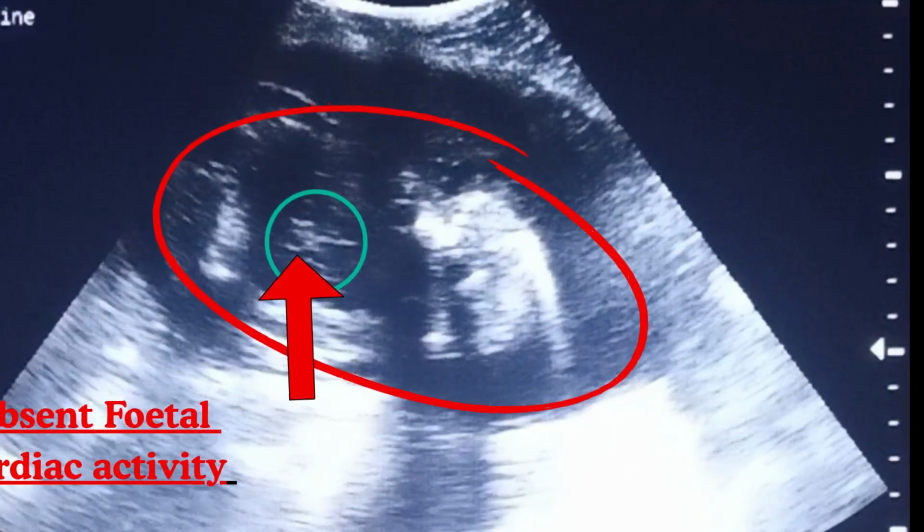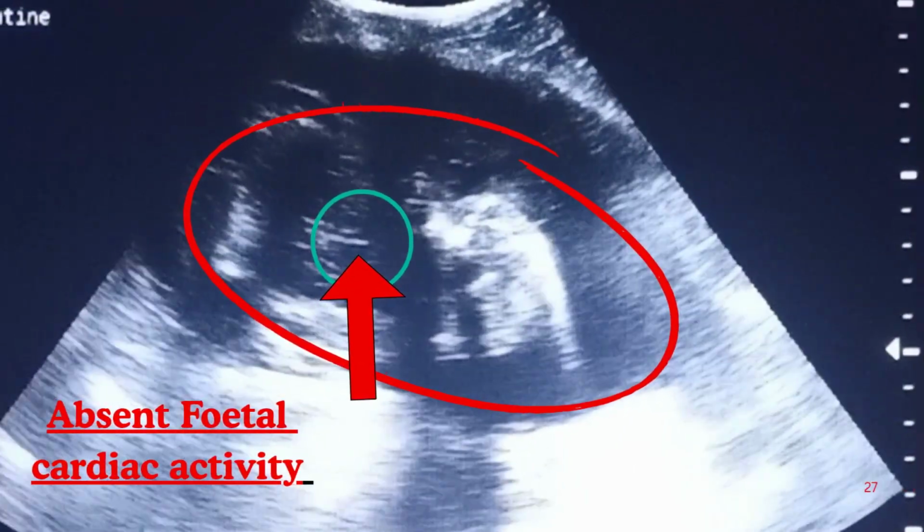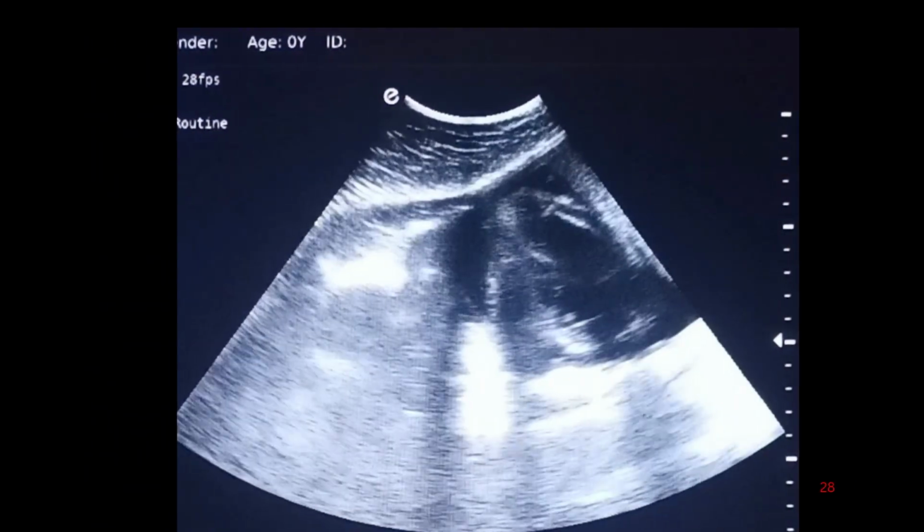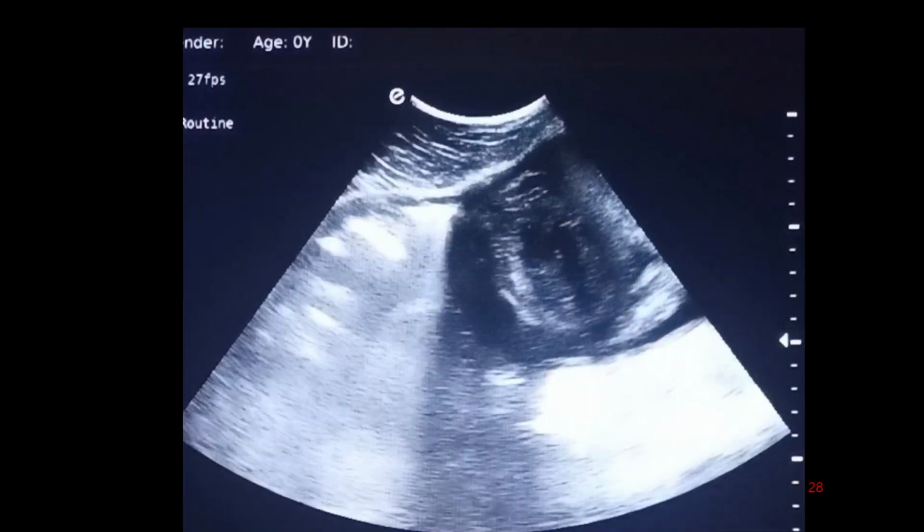Now we search for the fetal heart inside the chest. Here inside the chest and then inside the green circle, the fetal heart can be seen, but no cardiac flickering or cardiac activity can be seen.